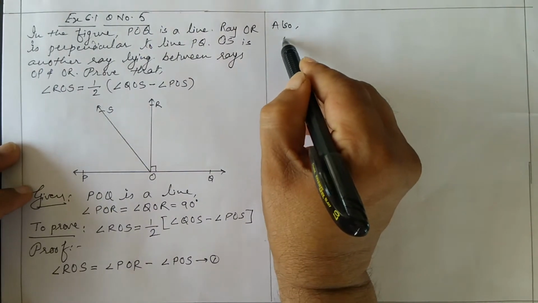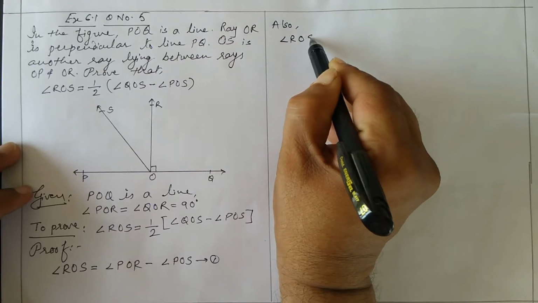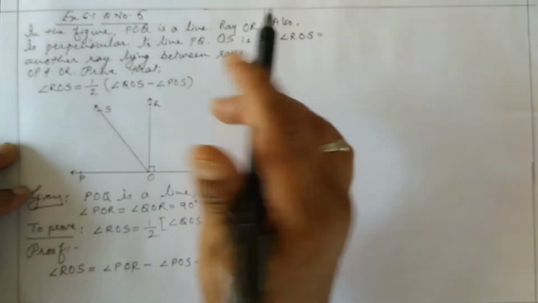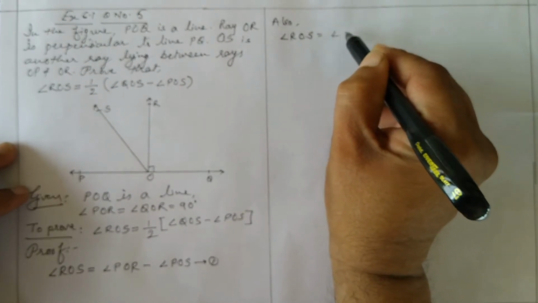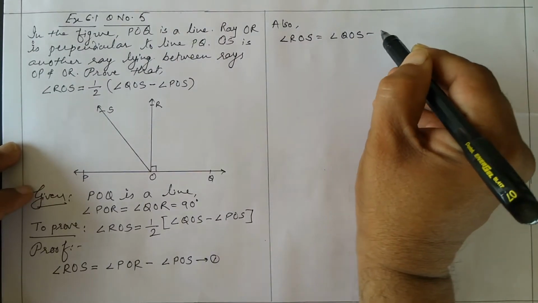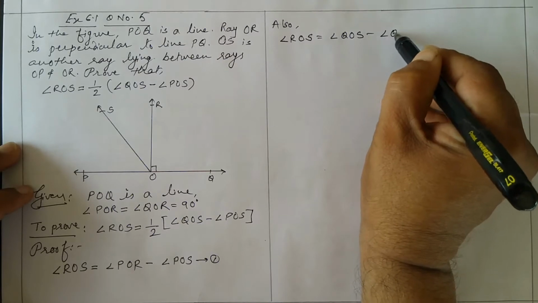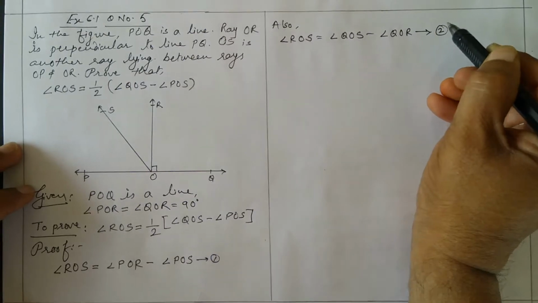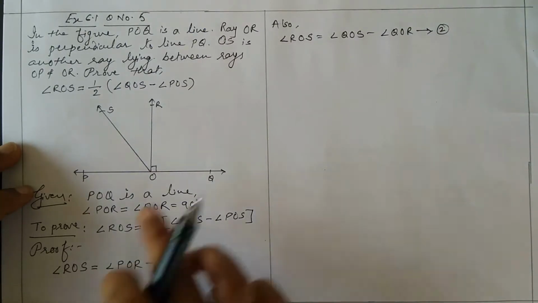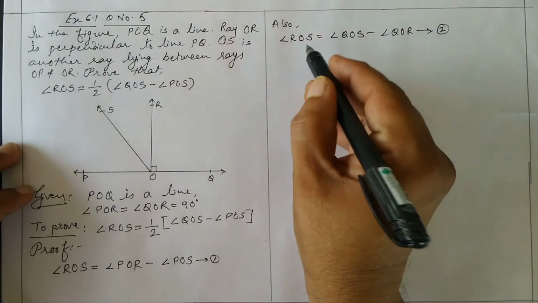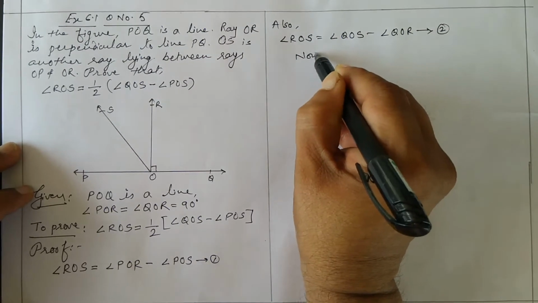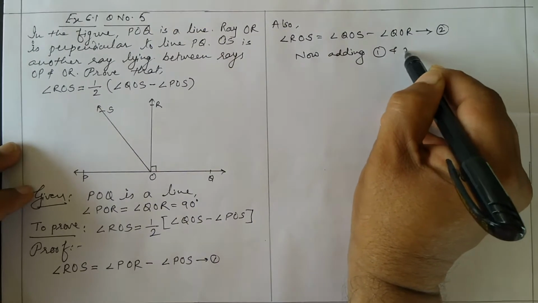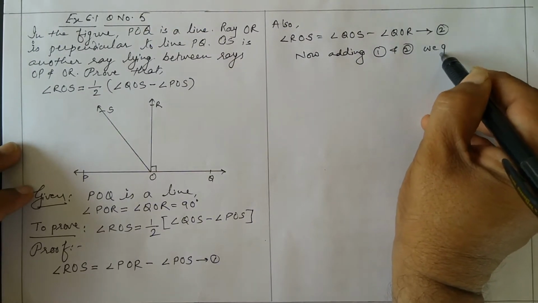ROS can be written as angle ROS is equal to QOS minus QOR. So angle ROS is equal to angle QOS minus angle QOR. You can call this result number 2. अभी आपको हाफ चाहिए तो मैं ROS, okay, from 1 and 2, so now I will add 1 and 2. Now adding 1 and 2, what do we get?